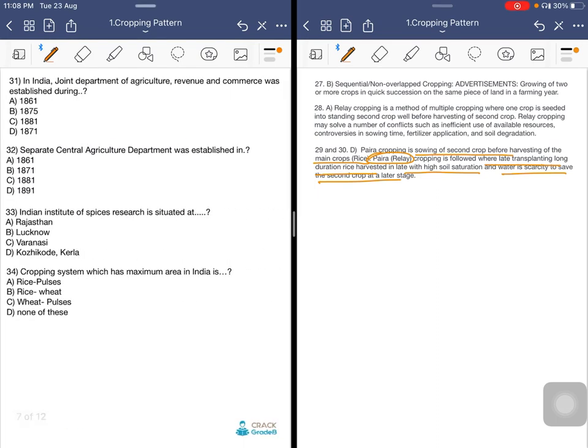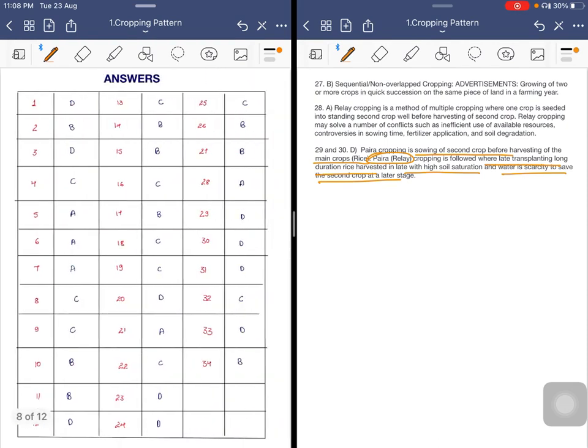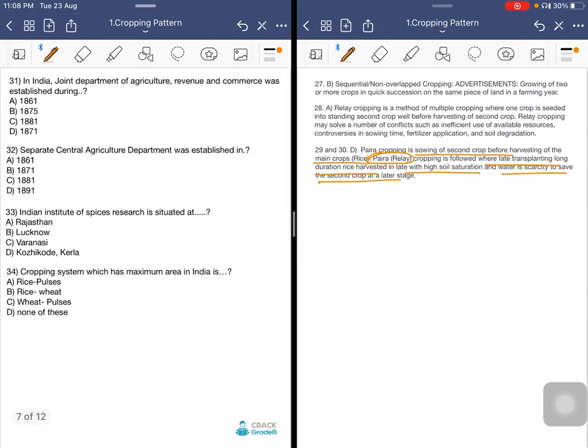In India, the Joint Department of Agriculture, Revenue and Commerce was established in 1871; I didn't give an explanation in the explanation column because it is just a one-word answer.